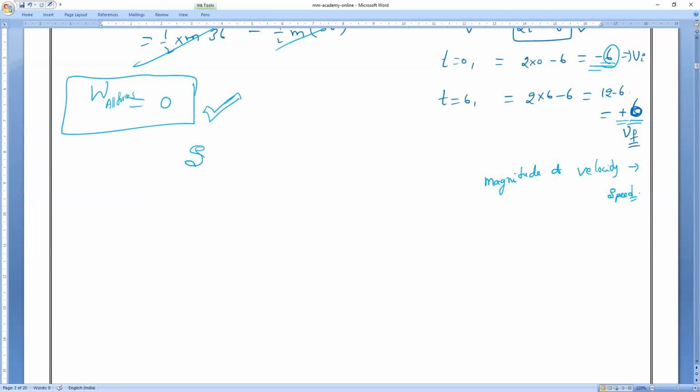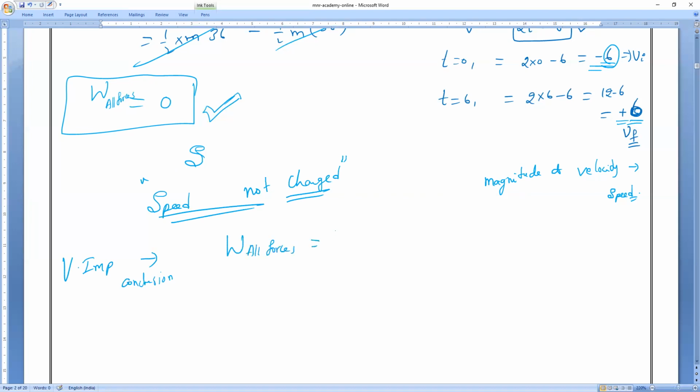But the speed remains unchanged. So this is a very important conclusion: if the speed of the body is not changing, then the work done by all the forces is equal to 0.